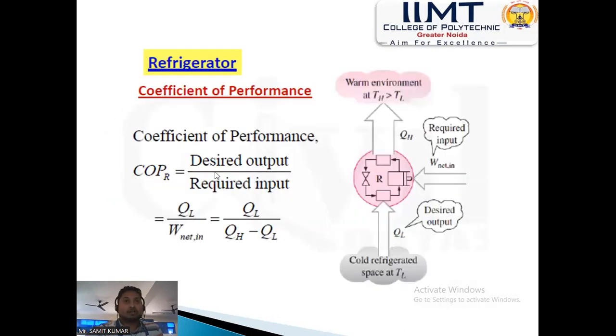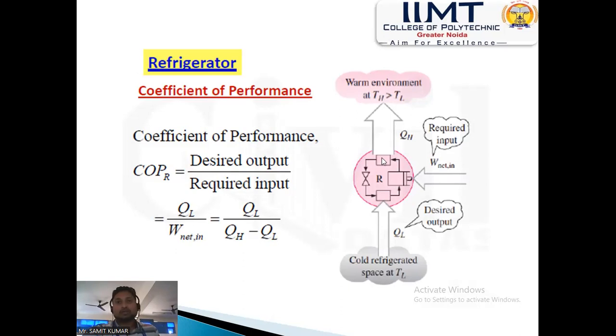Next, how to check the performance of the refrigerator and air conditioning system. There is the COP of the refrigerator, that is the coefficient of performance, and we can see it in the diagram. In the complete cycle of the refrigerator, we give some input in terms of work, and this work is done by the compressor.